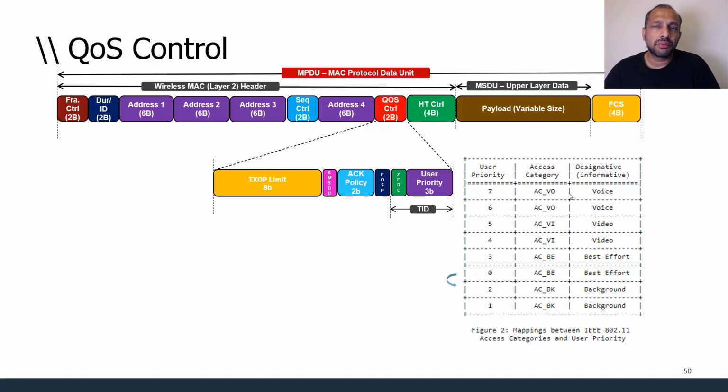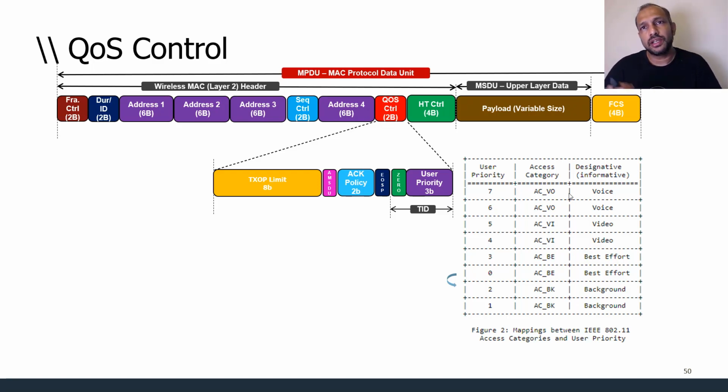Ideally 2 and 3 should be best effort, but as you can see in the diagram, it is actually not 3 and 2, it is 3 and 0. Why is that? Because if somebody is not marking the UP values, wireless would like to treat that as a best effort class. If the 3-bit value has not been set, that means the 3 bits come as 0, so you want to treat it as the best effort category.